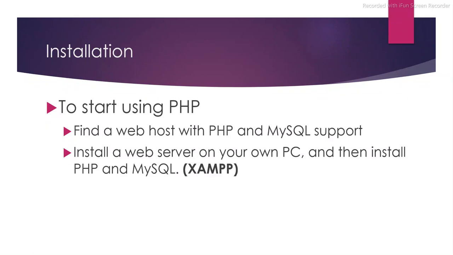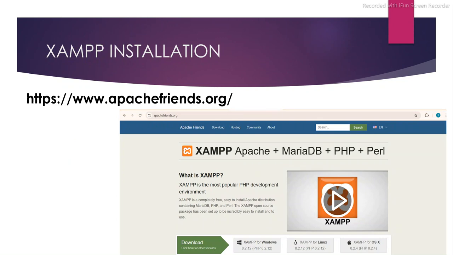Now how do you install this server? This is a web server actually. So you can go to this website, apachefriends.org. This is the place where you can download the XAMPP server.